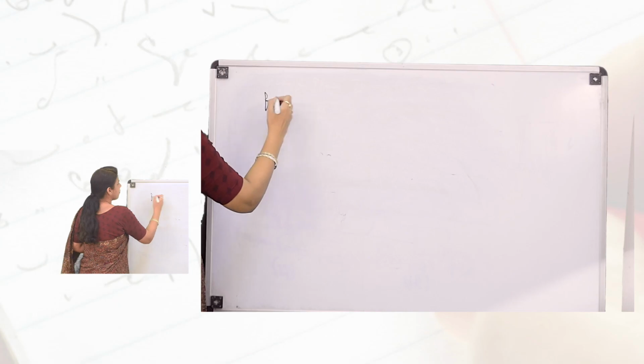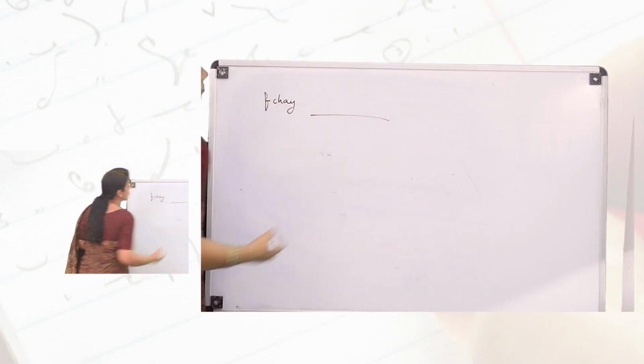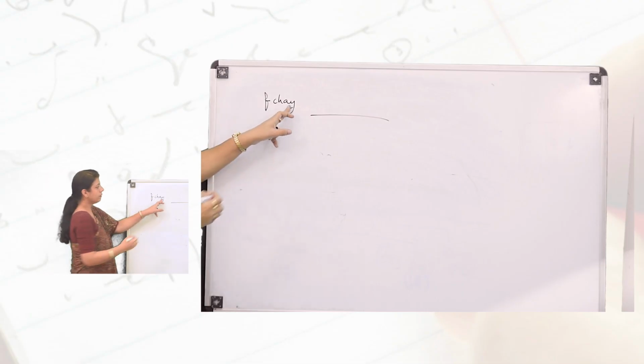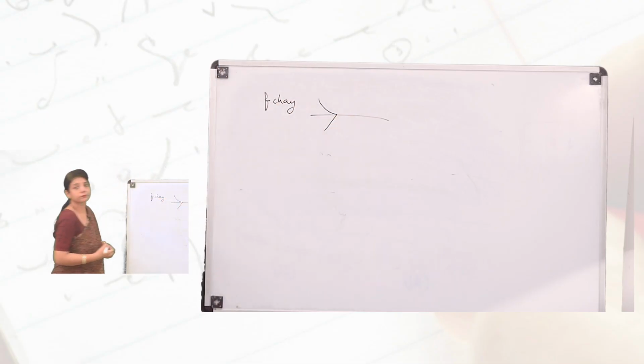So we'll take some more examples with curved downstrokes. So downstroke with downstroke again, F, che.